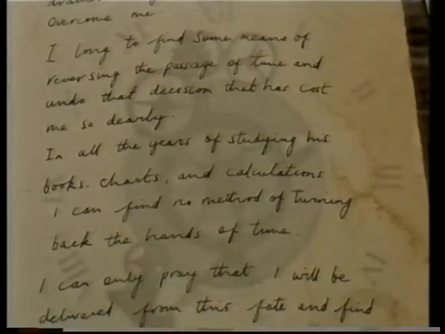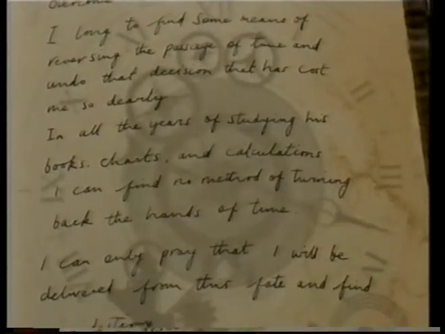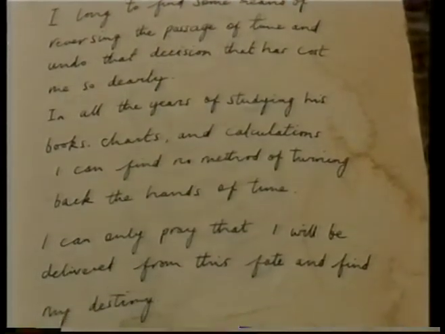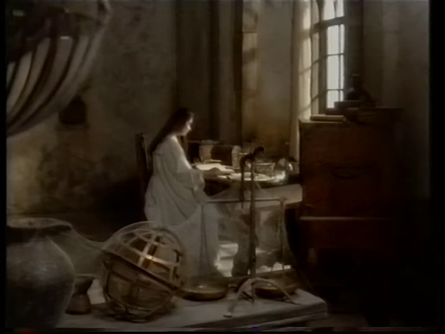Of studying his books, charts, and calculations, I can find no method of turning back the hands of time. I can only pray that I will be delivered from this fate and find my destiny.